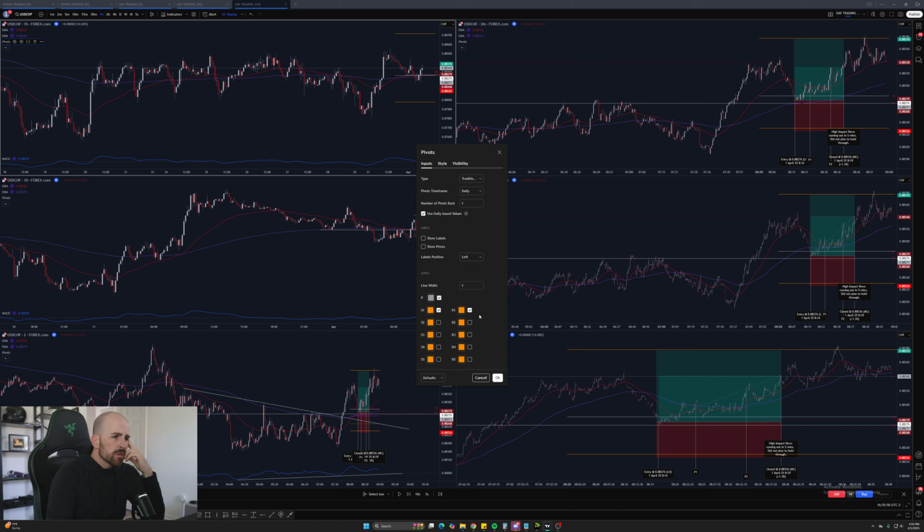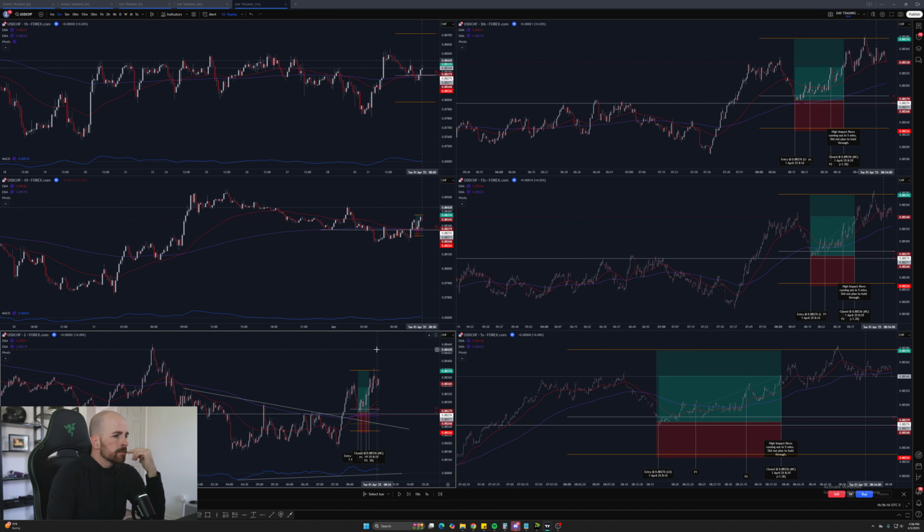I've got everything turned off on it, from S1, R1, all that, and I only keep one of the pivots on for the block of time that I'm trading. I don't really care to see it backwards or forwards. Sometimes I'll turn them on the backwards side when I have to take a screenshot, like I did with this trade, to show the pivot that was there. But when I'm actively trading, that's what the settings look like.